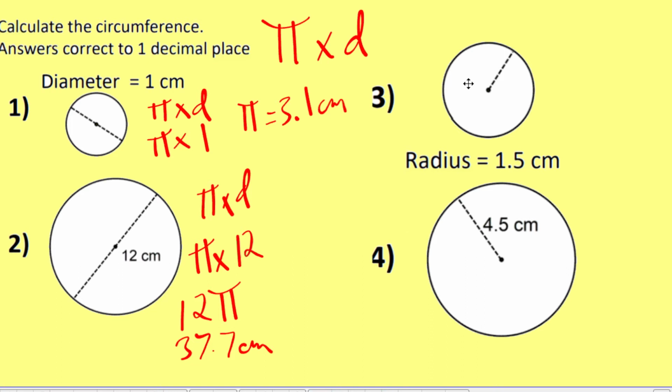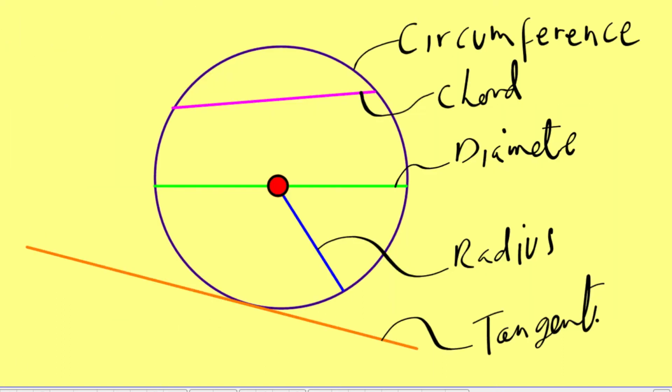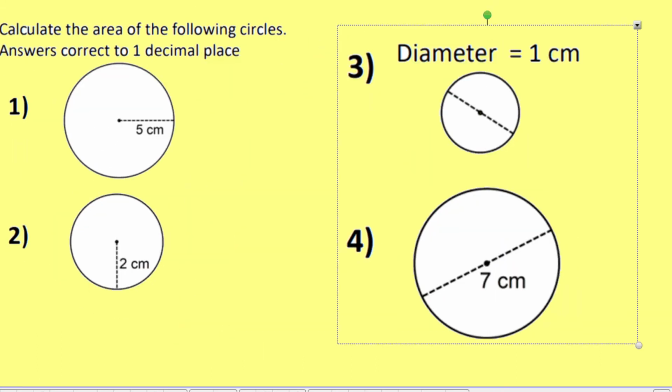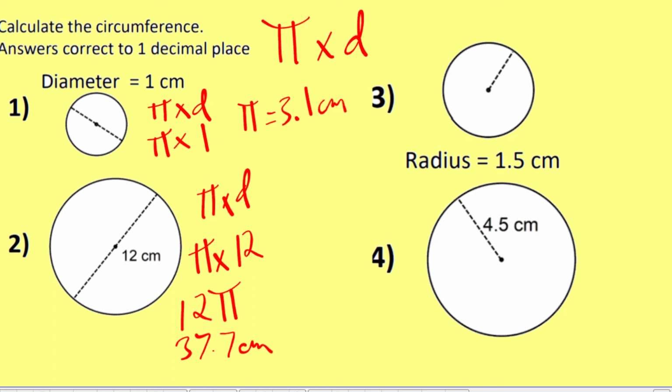Moving up here. Again, it's the radius. If we look back at the image, the radius goes from the outside to the center, and the diameter goes all the way through. So the radius is actually half the length of a diameter. We need a diameter in order to calculate the circumference. So we need pi times d, but we've only got pi times r here.